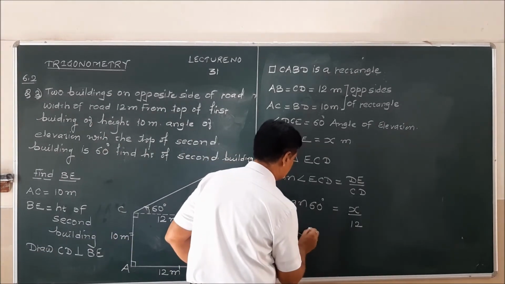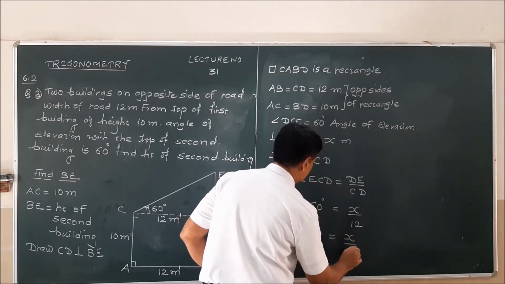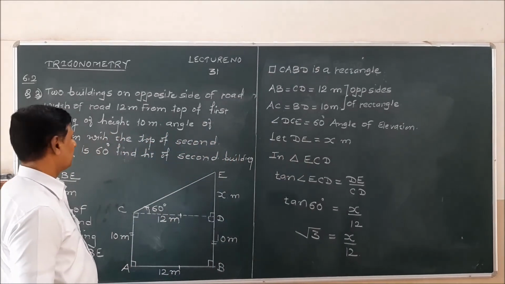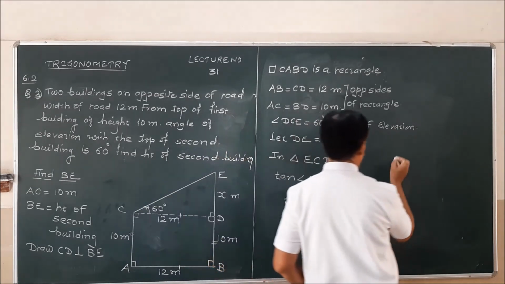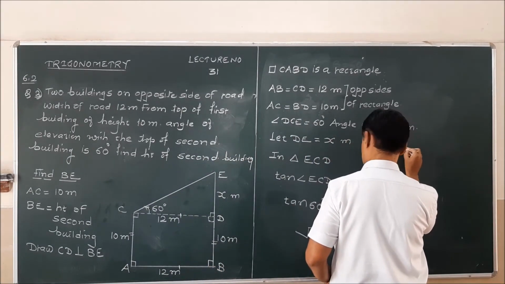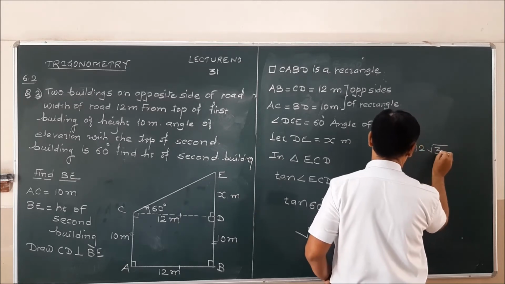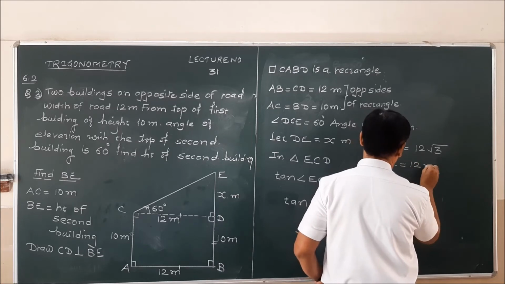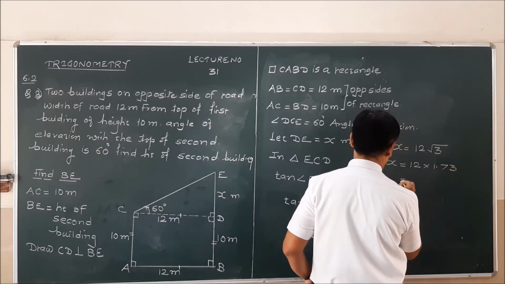So root 3 is equal to X upon 12. Or we must say X is equal to 12 root 3. X is equal to 12 into 1.73.